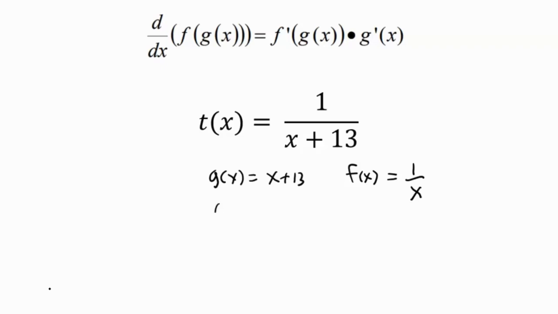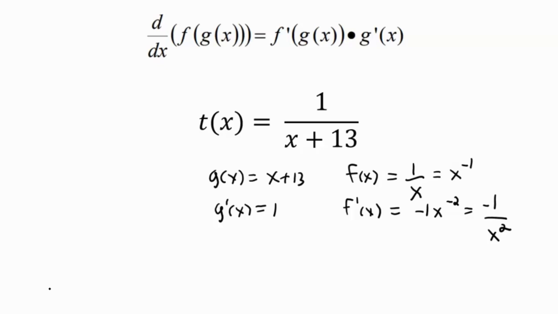So that means that g prime of x is equal to 1. And f prime of x is going to equal, now remember this is the same thing as x to the negative 1, so f prime would be negative 1 x to the negative 2, which is negative 1 over x squared.